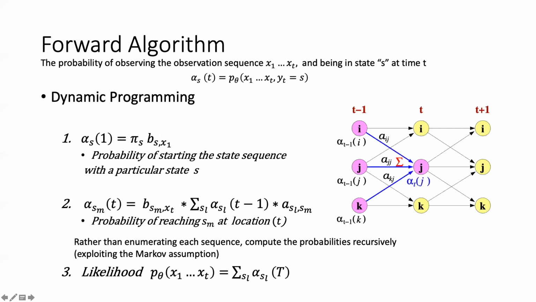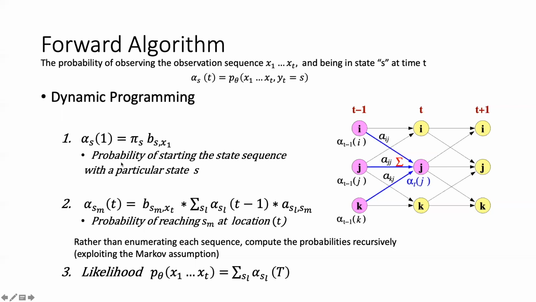In the forward algorithm, the probability of observing the sequence x1 to xt and being in the state s at time t is given by alpha s of t, which is the probability of observing the sequence x1 to xt, and at the t-th instant the hidden state is s.